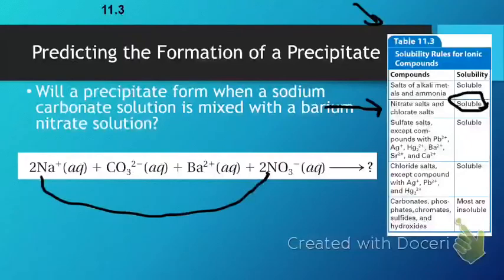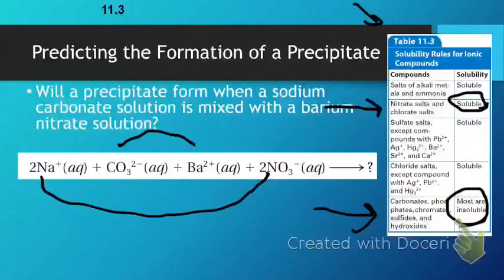But if we combine our insides, our barium and our carbonate, is that going to make a precipitate? So we look in our list, carbonates are at the very bottom. Okay, carbonates, phosphates, chromates, sulfides, and hydroxides. Most are insoluble. That means that they will not dissolve.